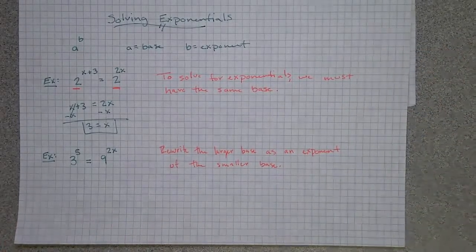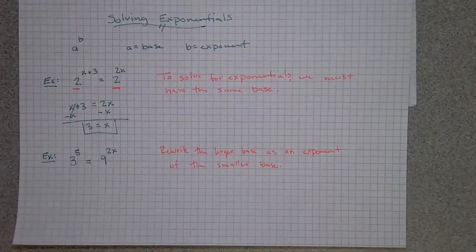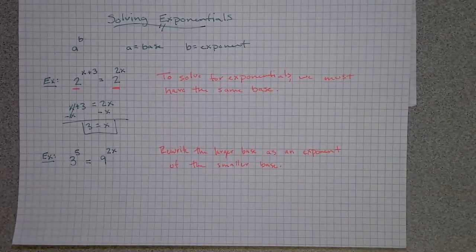Okay, so here we have 3 to the 5th equals 9 to the 2x. So we need to have the same base. Right now we have a 3 and a 9. Those are not the same, in case you didn't know. So we want to take the bigger of the bases and rewrite it as an exponent using the smaller base.